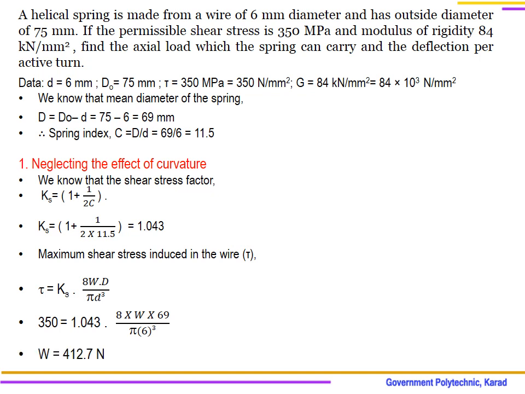So we get W as 412.7 Newton. When we neglect the effect of curvature, the spring is able to take 412.7 Newton force. Then we will consider the effect of curvature.